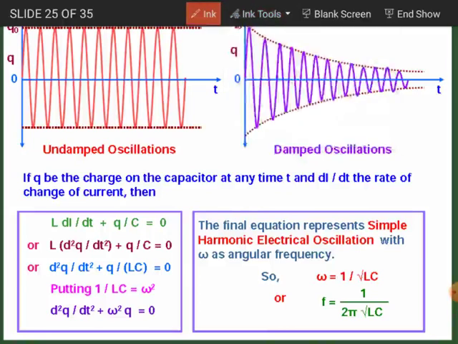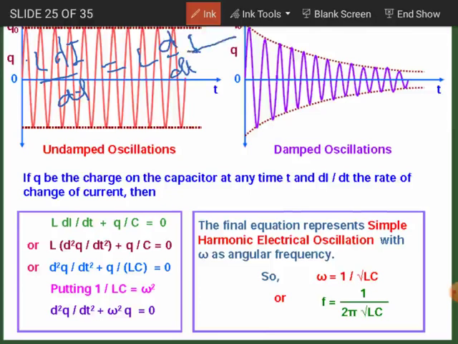So what happened? This L di by dt, let me write it here, di by dt, this will be equal to what? L di by dt, we know that d by dt of I, right? But this I, current, may be defined as rate of flow of charge.